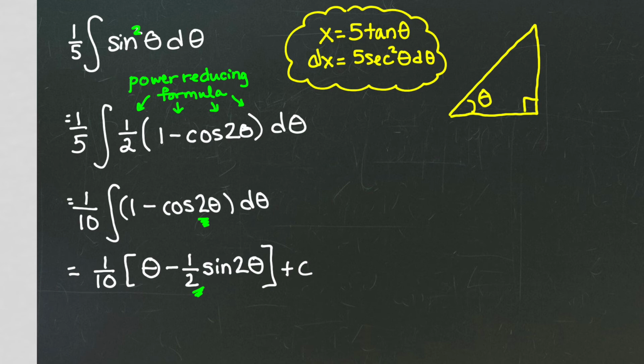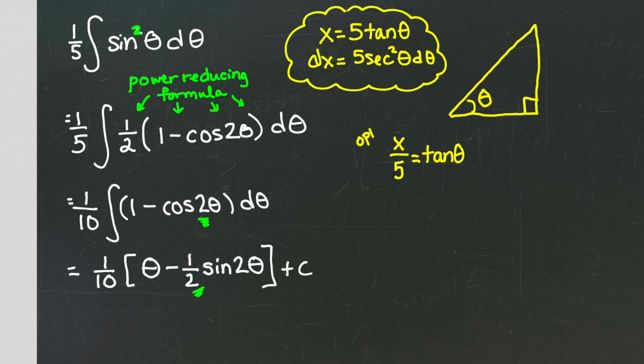So we draw ourselves a little right triangle, and we take the relationship that x equals 5 tan theta, and we rewrite it by dividing both sides by 5. This is what I do, x over 5 equals tangent theta, and that helps me to label my triangle, right?